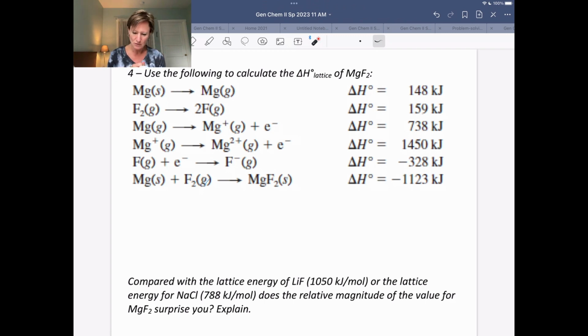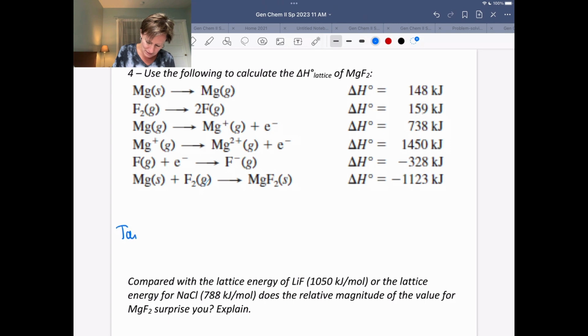I want to use the following to calculate the lattice energy of magnesium fluoride. So not lithium fluoride, let's look at magnesium fluoride, okay? If we want to talk about the lattice energy of magnesium fluoride, we need to think about how I would write that. What is that target equation?